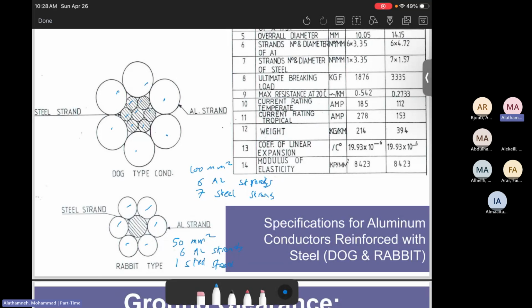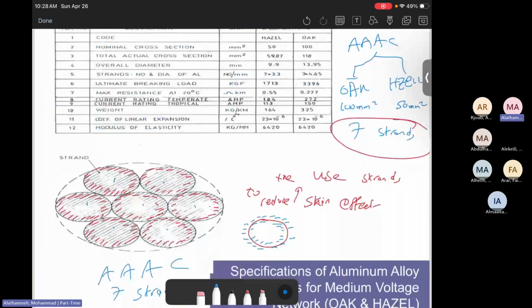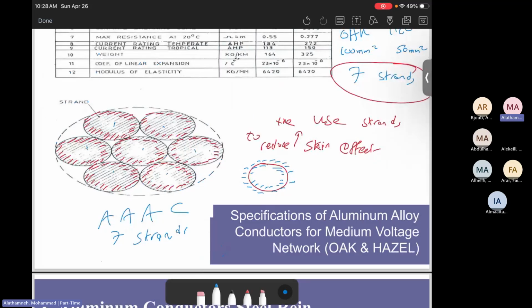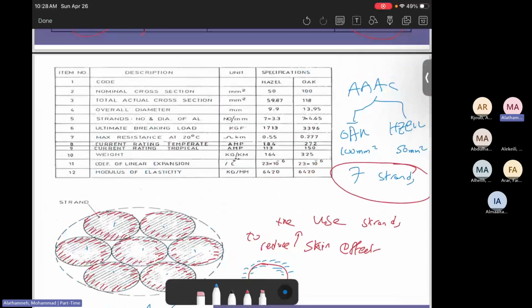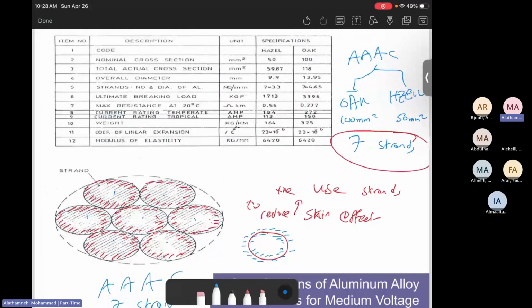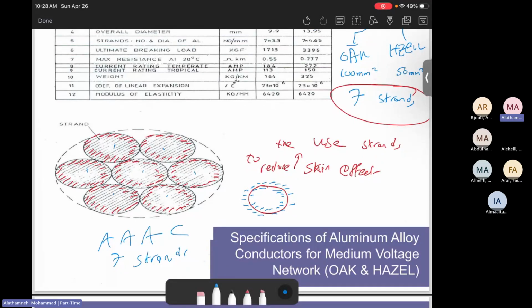So look at the difference between dog and rabbit, which is different from the previous case. In the previous case, whether it was oak or hazel, they were just 7 strands.